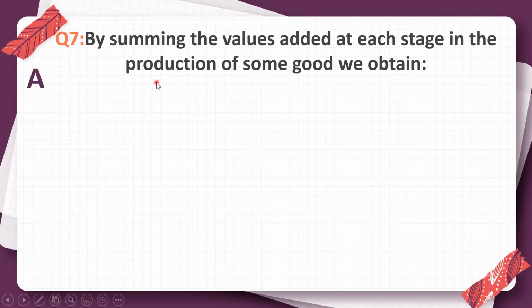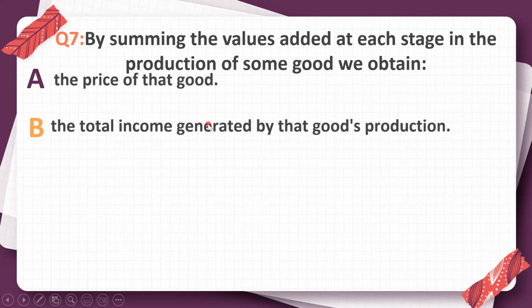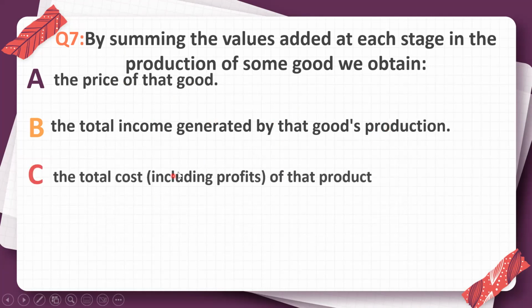We obtain the price of that good, or the total income generated by that good's production, the total cost including profit of that product, all of the above. When we sum the values added at each stage in the production of some good, we can calculate the price of that good.